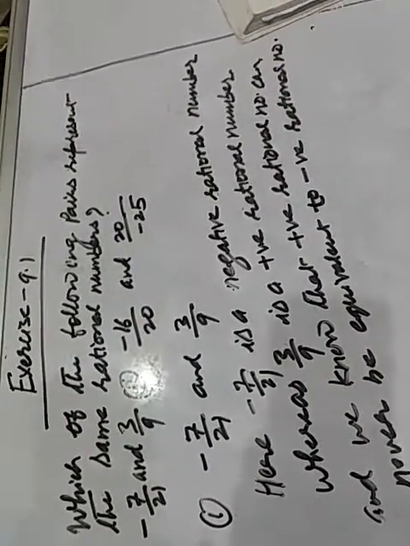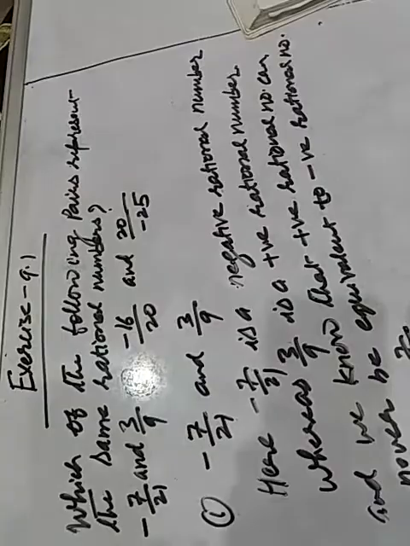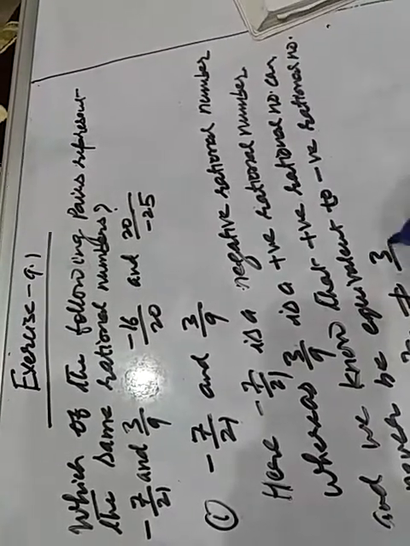This implies that minus 7 upon 21 is not equal to 3 upon 9.